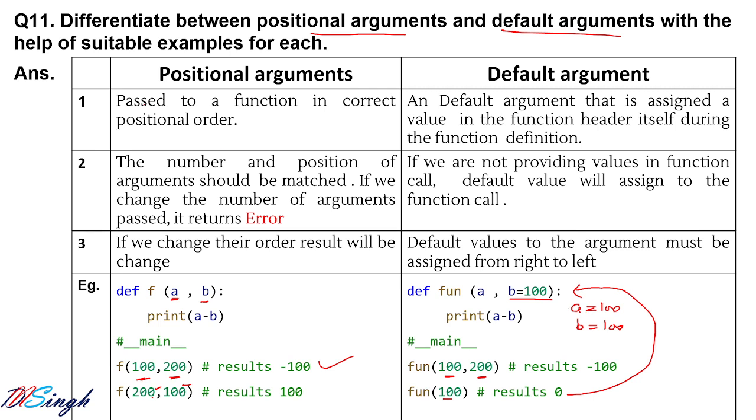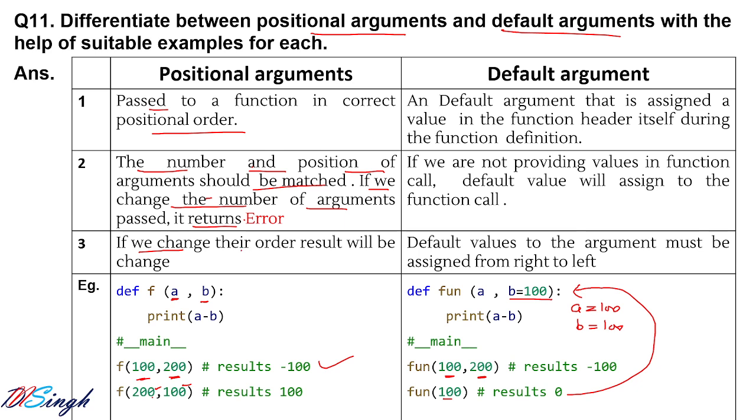From the default value. Let us read: arguments passed to a function in correct positional order. So order is important. The number and the position of the arguments should match. If you change the number of arguments, it returns an error saying the number of arguments does not match.